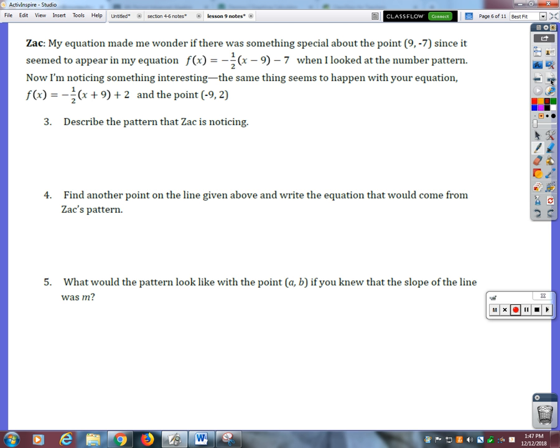Okay, so they're just saying what I told you, that this number right here is the opposite of the x coordinate. This number right here is the y coordinate. This number right here, opposite of the x coordinate. This number right here is the y coordinate. Okay, so that's the pattern that Zach is noticing.